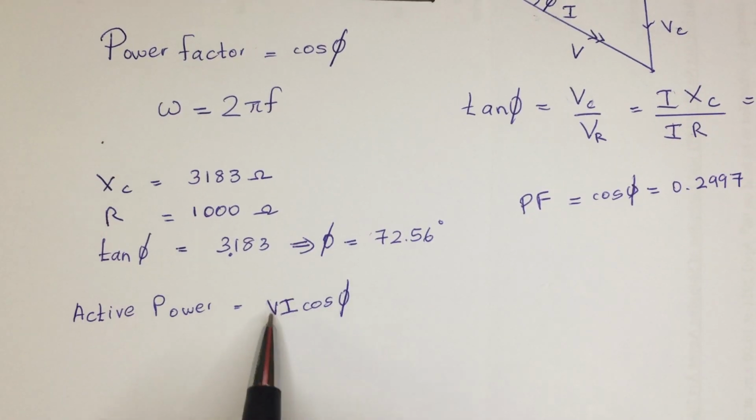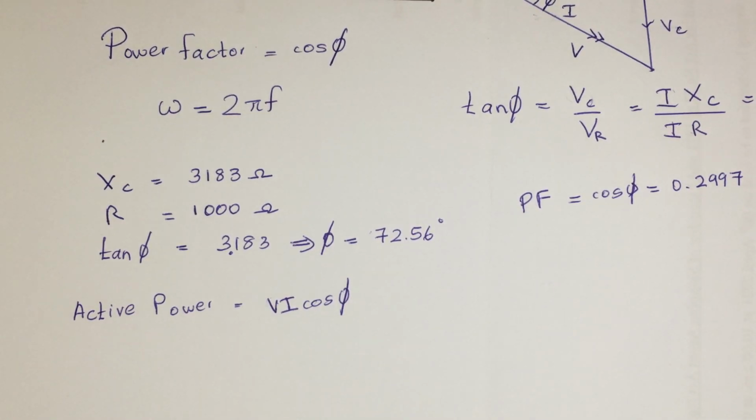However, we don't know the value of I, and we knew the value of power factor. So how are we going to find the value of I? So that's the next thrilling part. Have you got any ideas?